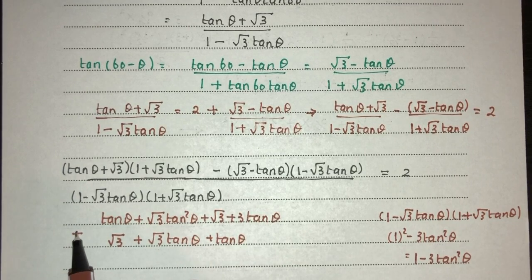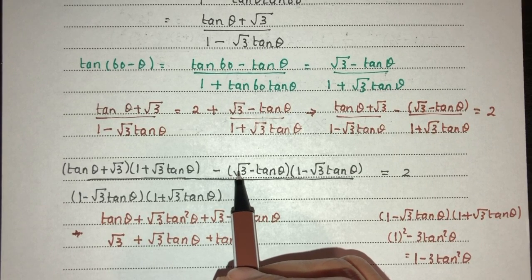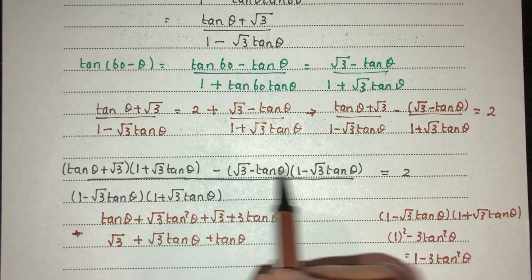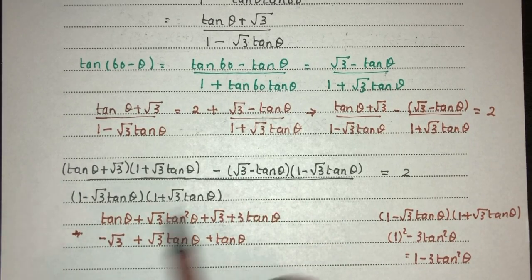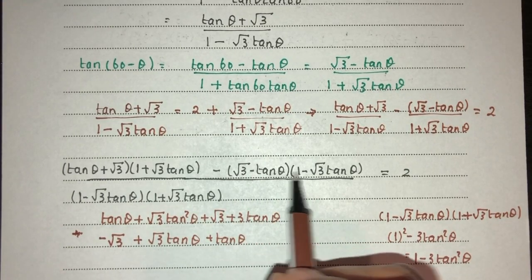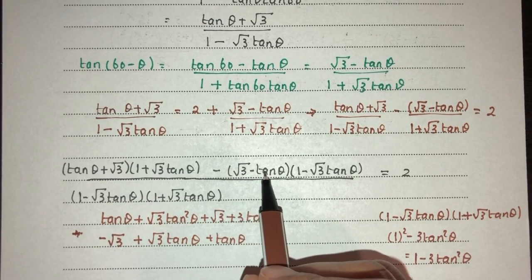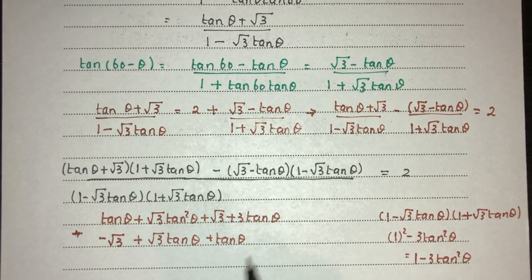Let me just remove this for now, because if you put minus here, so minus root 3 times 1 should be minus root 3. Minus become plus. That's the first one, and that will be plus times this should be plus, and then this should be, so it should be plus, that should be minus root 3 tan of theta.